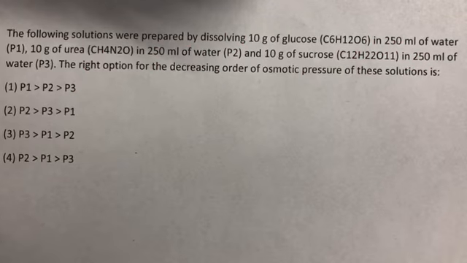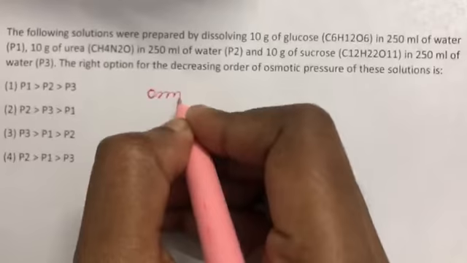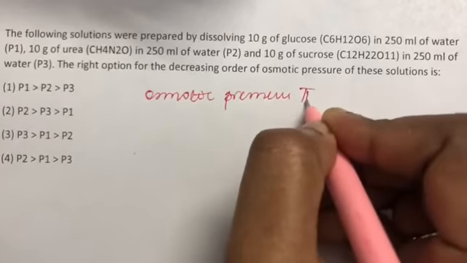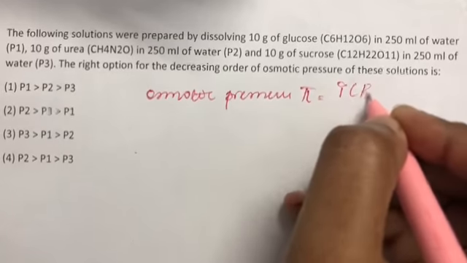The following solutions were prepared by dissolving 10 gram of glucose in 250 ml of water, 10 gram of urea in 250 ml of water, and 10 gram of sucrose in 250 ml of water. The right option for the decreasing order of osmotic pressure of these solutions is asked. Basically, the osmotic pressure, denoted by pi, is equal to iCRT.